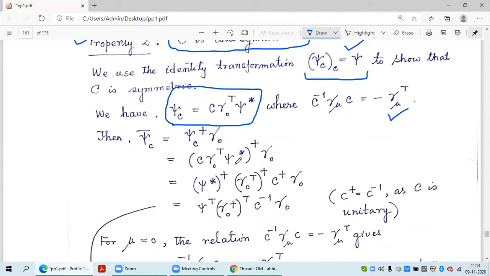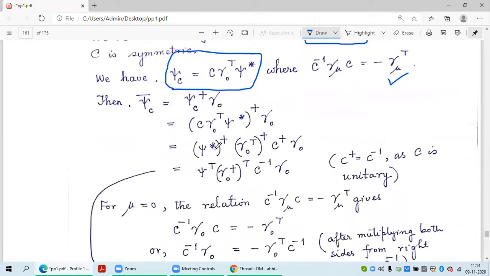Therefore, psi star dagger, gamma 0 transpose dagger, C dagger, then this gamma 0 is there. Now, psi star dagger is psi transpose, because dagger is star times transpose, so the 2 stars make psi and the transpose remains. So this is psi transpose. Gamma 0 we keep as it is, and C being a unitary matrix, we have shown C dagger, I can also write as C inverse. Clear? So psi C bar is this.